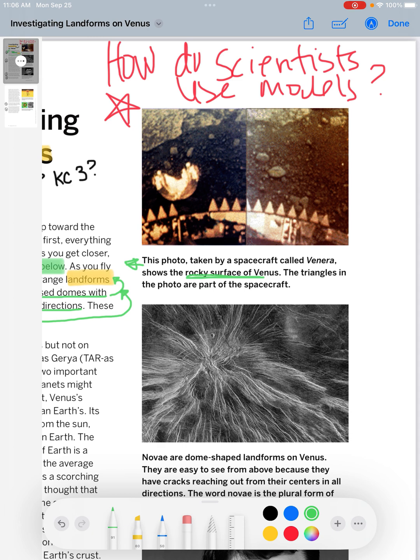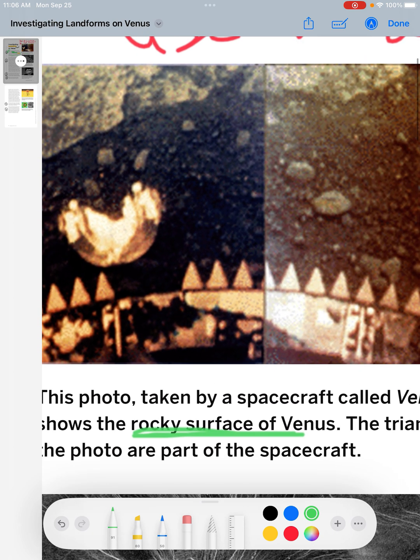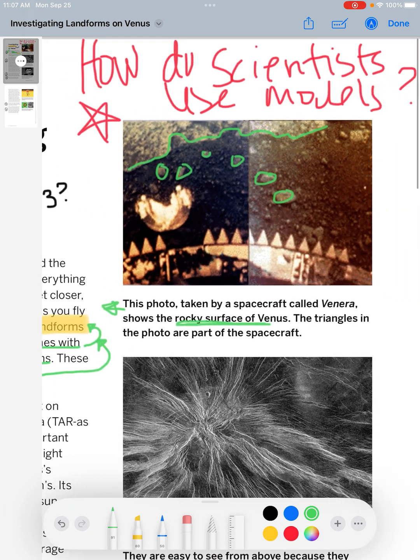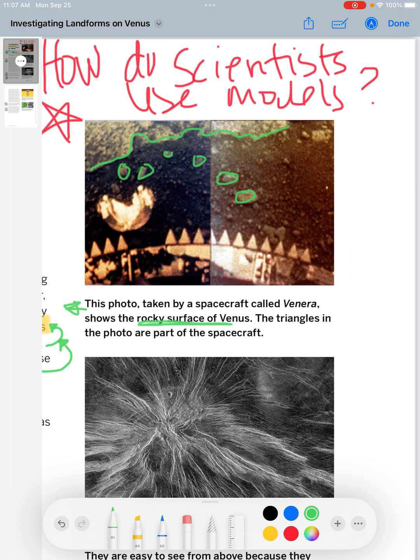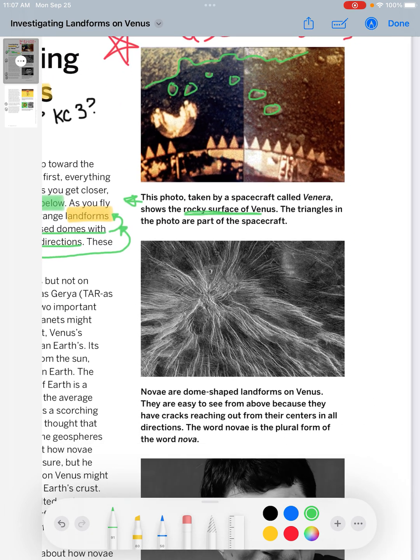So as I'm looking at this, it's kind of hard for me to look past that triangular shape, but all of a sudden I do see this looks like the shadow of the spacecraft. And within the shadow, I can see several rocks. And then looking even past those rocks, you can see smaller rocks. So, okay, great. I really understand this is the rocky surface of Venus. Kind of cool that we can see the rocky surface of Venus.